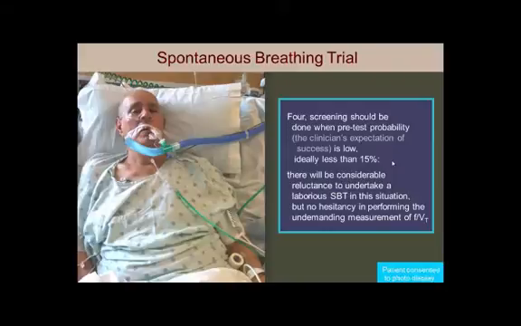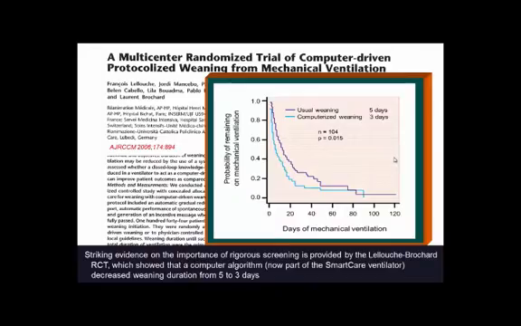That's not the way you do it. So there'd be considerable reluctance for undertaking the laborious spontaneous breathing trial in a situation where your pretest probability is only 15%, but there's obviously no hesitancy in doing a simple F over VT where your pretest probability is less than 15%.